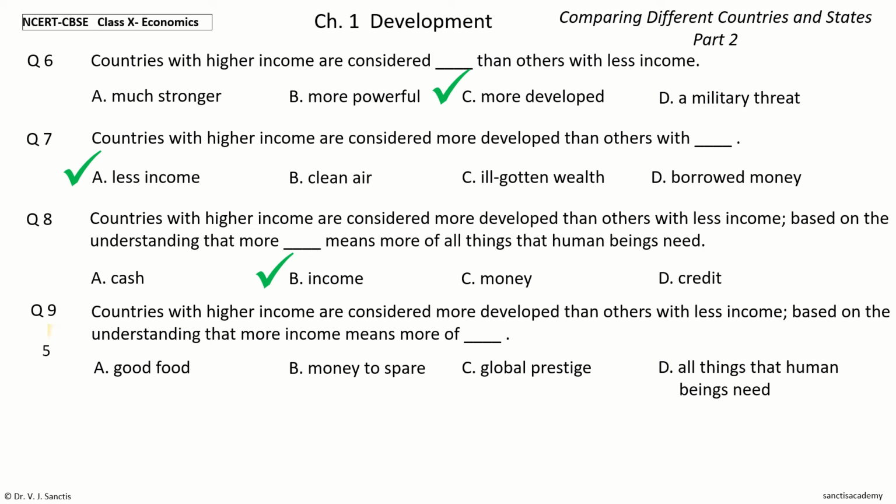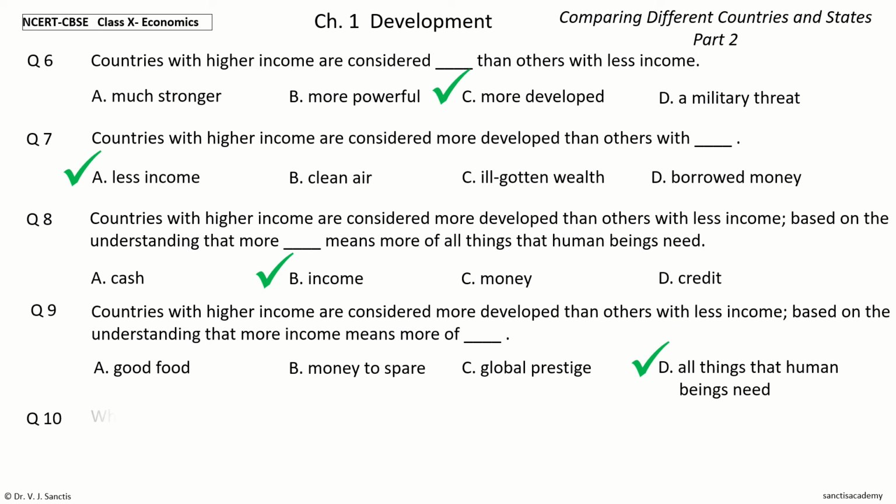Your time to choose. And the answer is all things that human beings need. So, countries with higher income are considered more developed based on the understanding that more income means more of all things that human beings need.